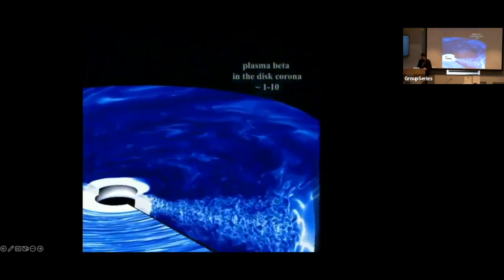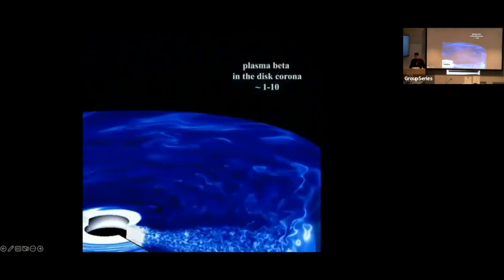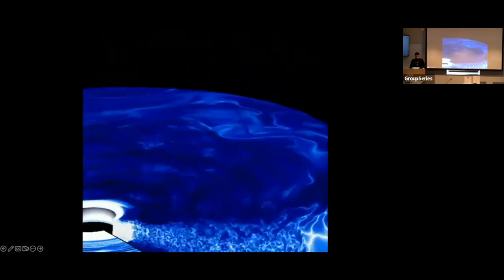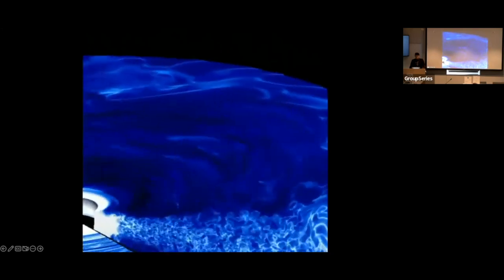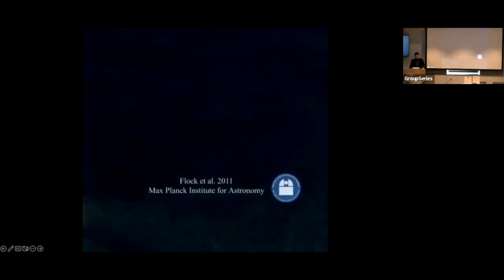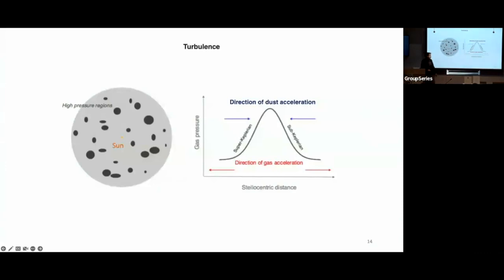Right? So this is a very good way to lead to turbulence in disks, and that is good news, because if you need the transients to capture the dust for long enough times to collapse them to planetesimals, this is exactly what turbulence does. Turbulence is a way to generate lots of transient high pressure regions all over the disk, right?